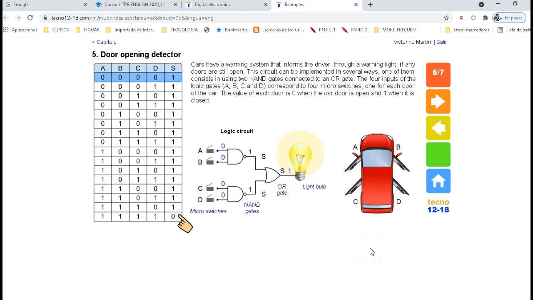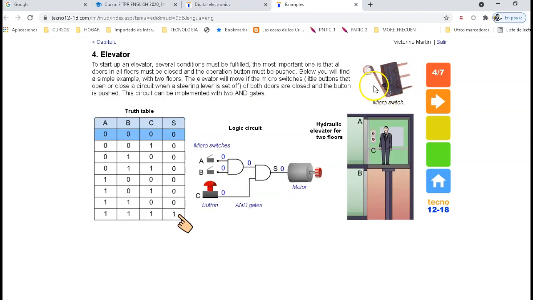And for example, another example where we use logic gates is in the system for having an alarm light, telling the driver that any of the 4 gates is open. In this case, we are using 3 different logic gates. Again, this is representing a micro switch. A micro switch is this. This lever is activated by the door.